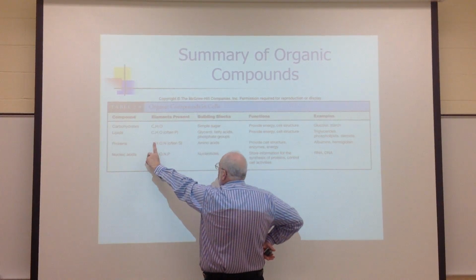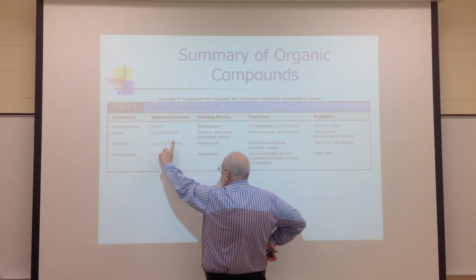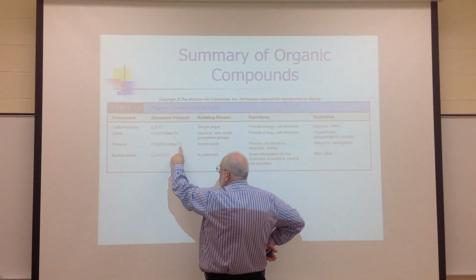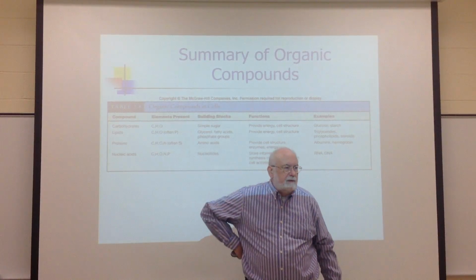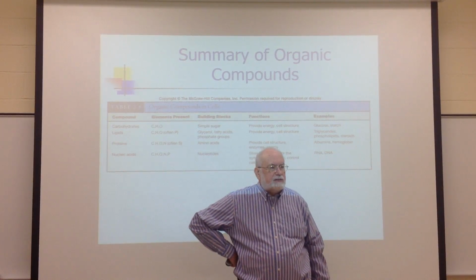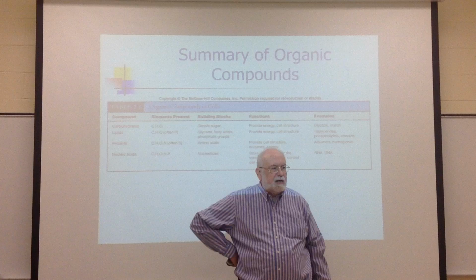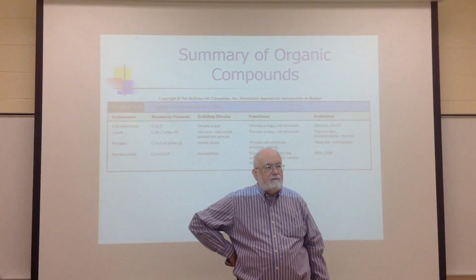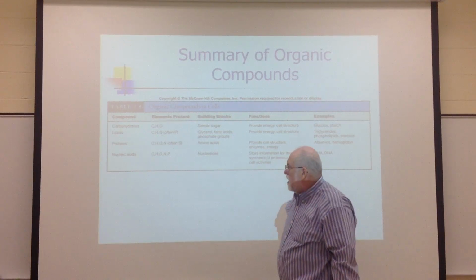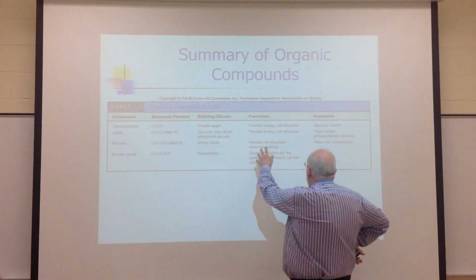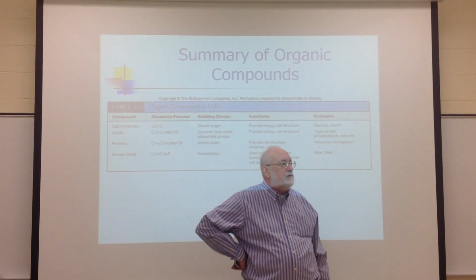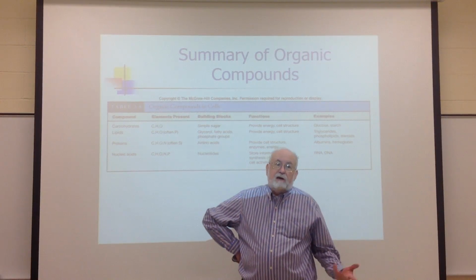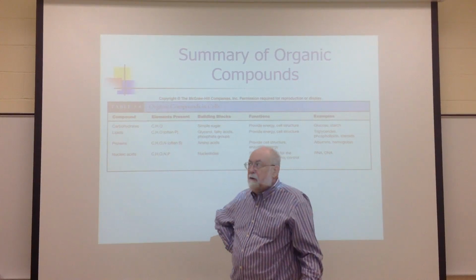Proteins, carbon, hydrogen, oxygen, nitrogen, sometimes sulfur, but also we could say sometimes phosphorus. How many? Gobs of carbons, hydrogens, oxygens, and nitrogens, remember. Because what's a protein made of? Amino acids. Lots of amino acids strung together. Where do you find them? They're in cells. Enzymes are all proteins. Most of cell structure is protein.